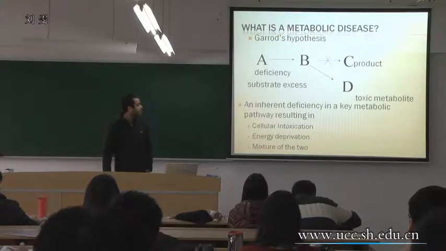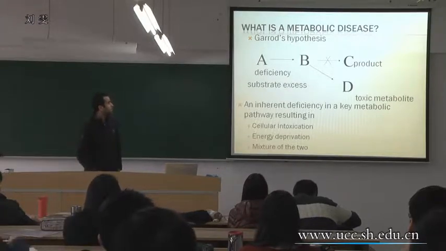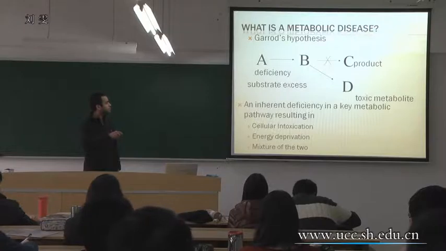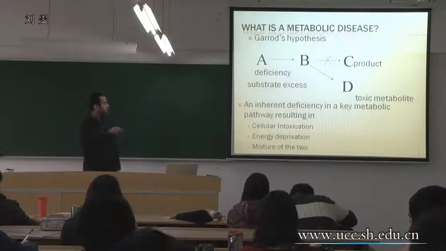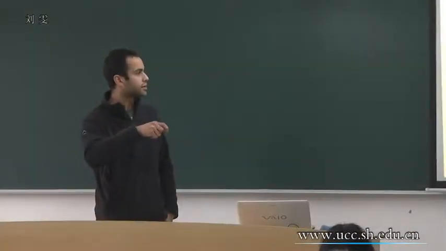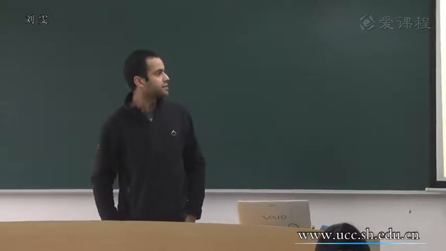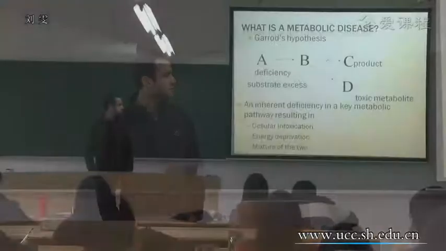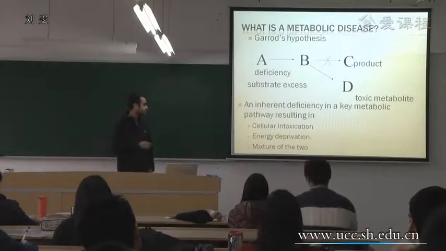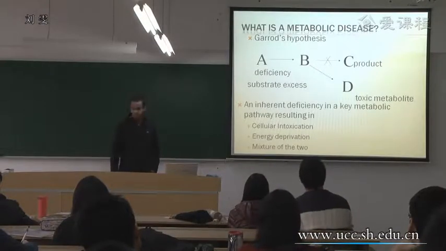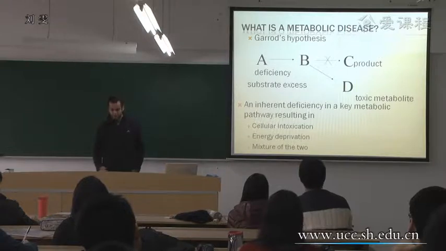We basically have a deficiency of an enzyme causing us to not produce the product that we desire and produce a toxic metabolite. So it's an inherent deficiency in key metabolic pathways, which results in cellular intoxication and energy deprivation, and sometimes a mixture of both.